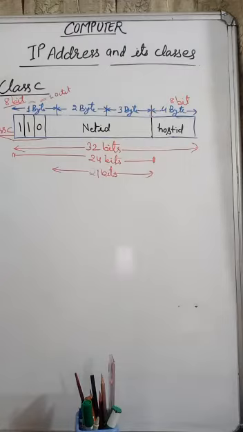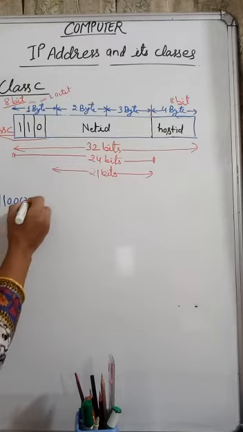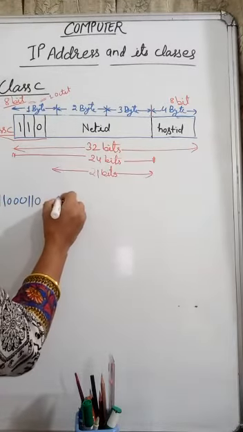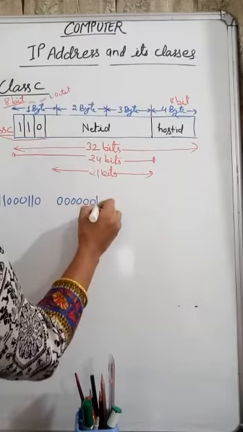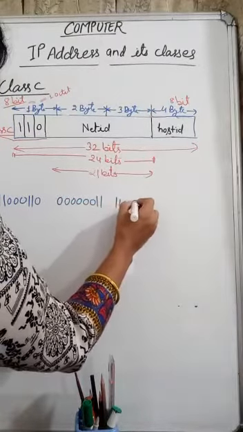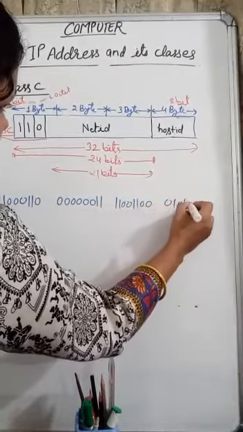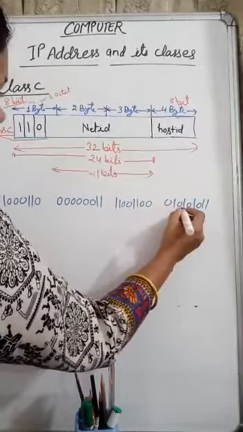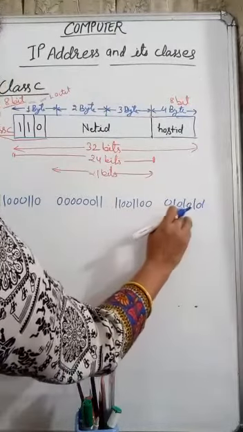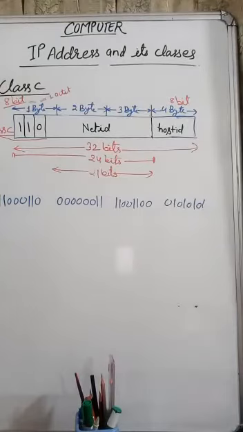Now see an example of how to find out the class from a given IP address. Suppose here is one IP example, 11000. See the pattern. Find the class of the given IP address.